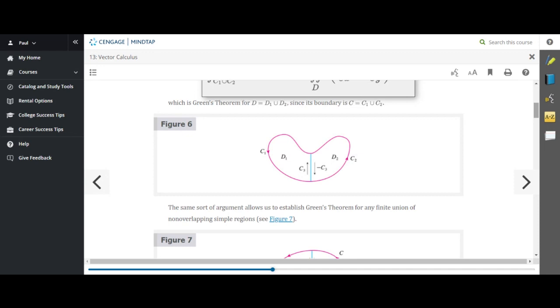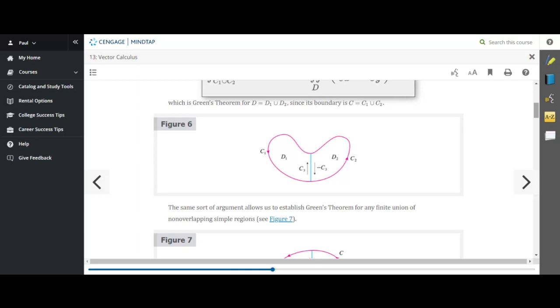If you think about the formal definition of line integrals, the line integral along the path C1 union C3 would be adding two line integrals, one for C1 and one for C3, using the definition in section 13.2. And the line integral along the path C2 union negative C3 would also be adding two line integrals, one across C2 and one across negative C3.